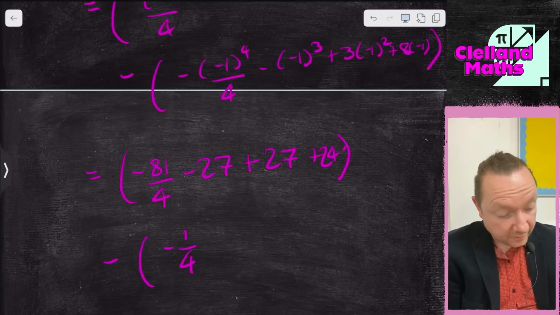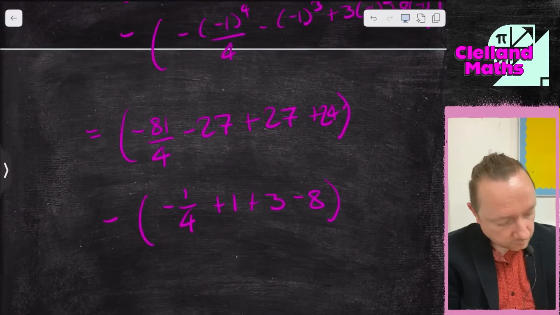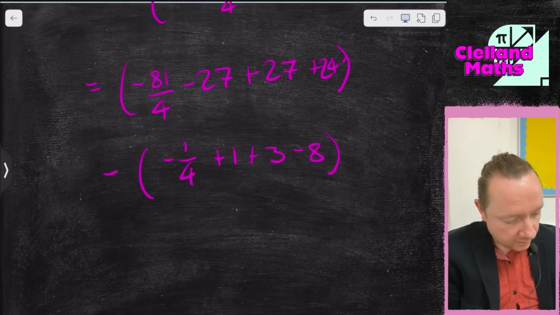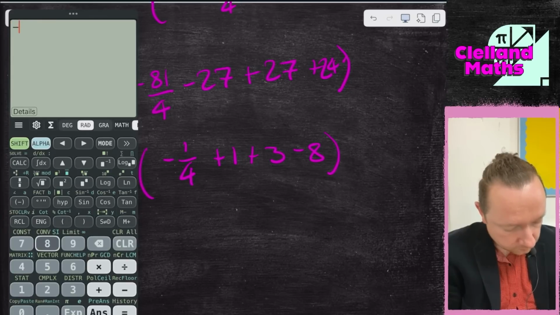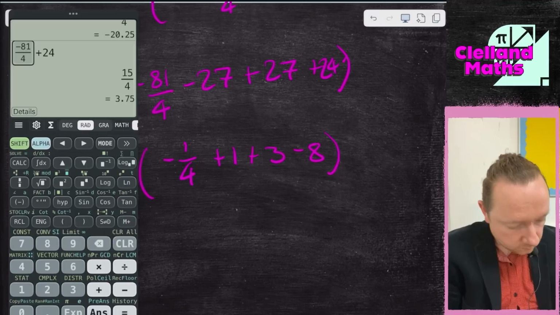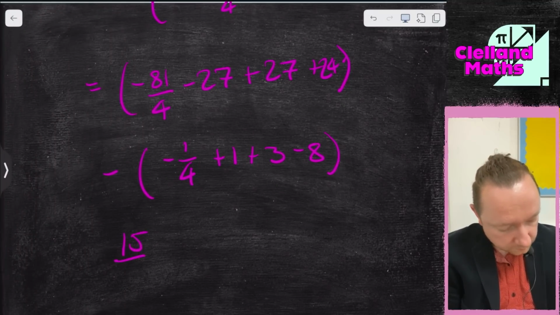Minus 1 cubed is minus 1, then another minus is plus 1. Minus 1 squared is just 1, so that's plus 3, and then minus 8. So the 27's cancel here, so you get minus 81 over 4 plus 24 is 3.75, or 15 over 4 for the first bracket.